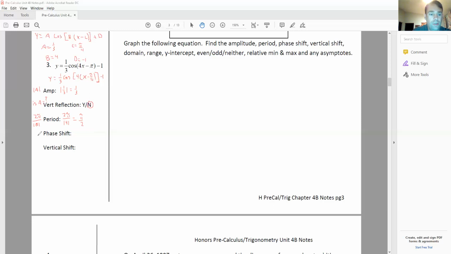Our phase shift is still our C value. C was a positive pi over 4, so that means we're going to go right pi over 4. And our vertical shift is still our D value, so that means we're going to go down 1.